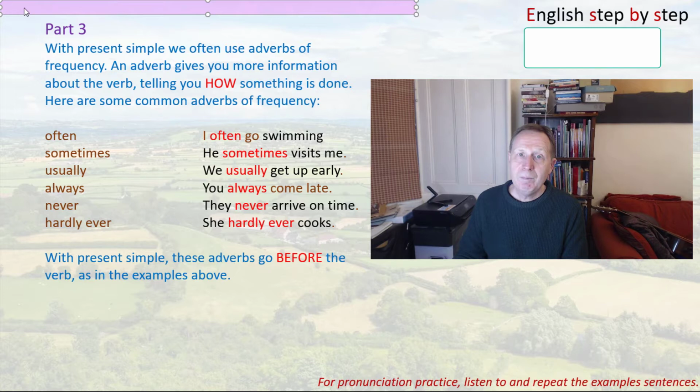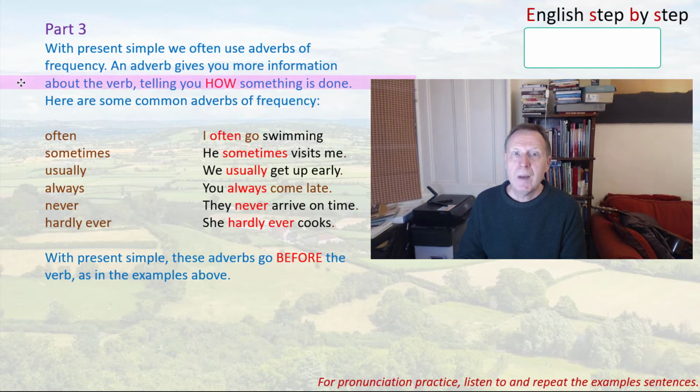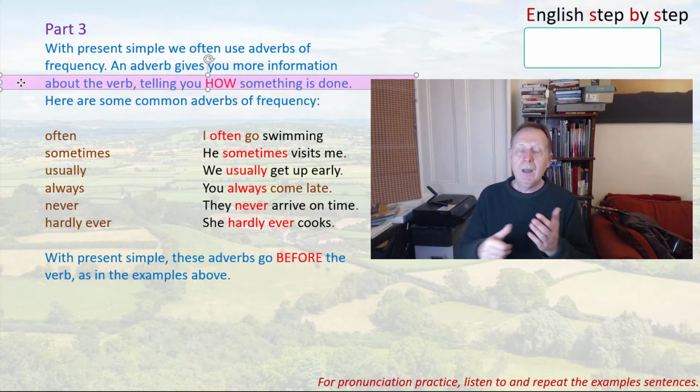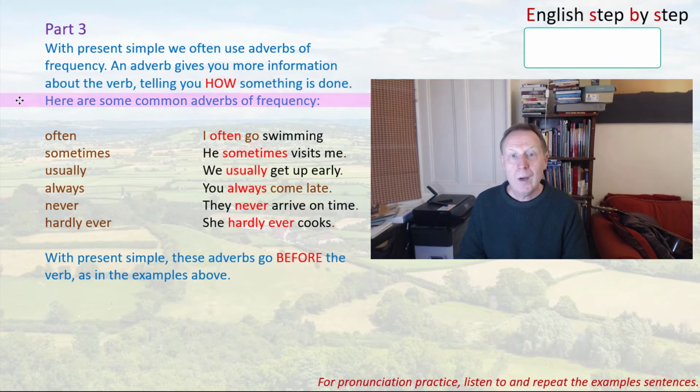With present simple, we often use adverbs of frequency. An adverb gives you more information about the verb. It's added to the verb, telling you how something is done. Well, typical adverbs would be quickly, slowly, carefully. But here, we're thinking more about adverbs of frequency.